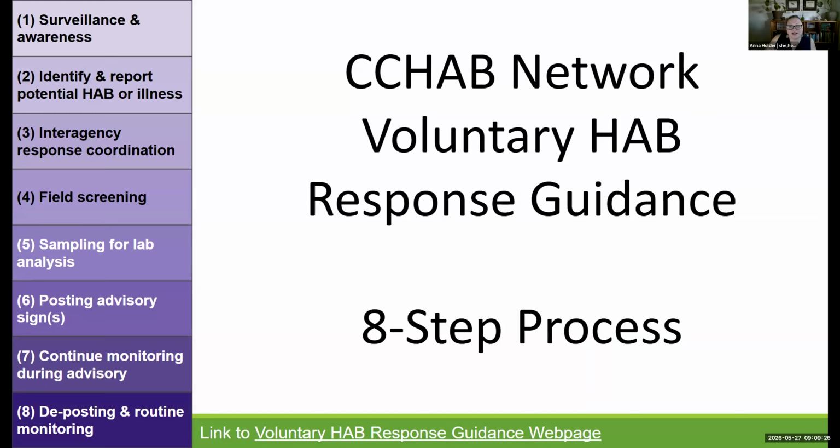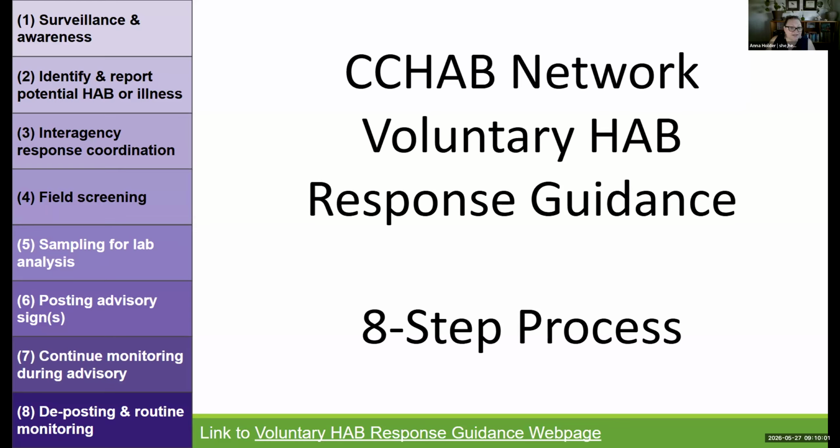We've gone over this framework, the CCHAB Network Voluntary HAB Response Guidance, this 8-step process, back in course 2. And we really went into depth into each of the steps of this 8-step framework. This is the framework that our statewide harmful algal bloom program uses to respond to harmful algal blooms as we're made aware of them and to help protect public health.